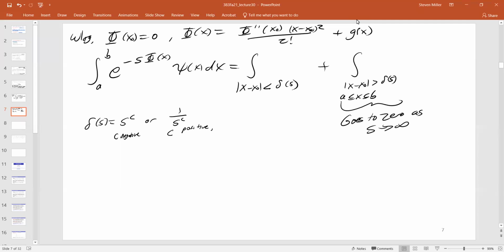And what else do we know about it? Any thoughts about how large it could be? Less than 3/4. Okay, why 3/4? Because it's definitely less than 1.